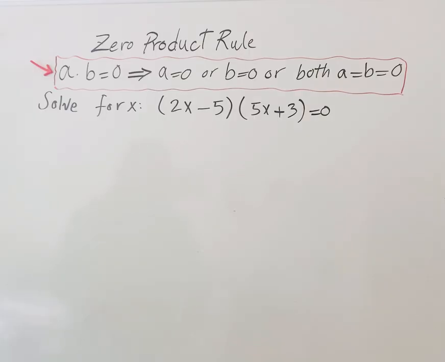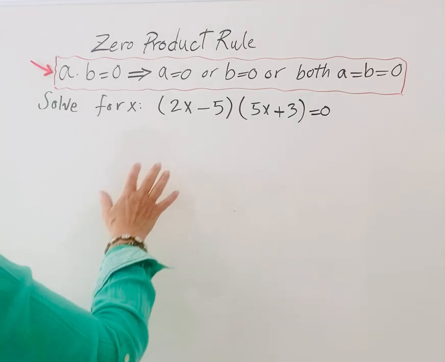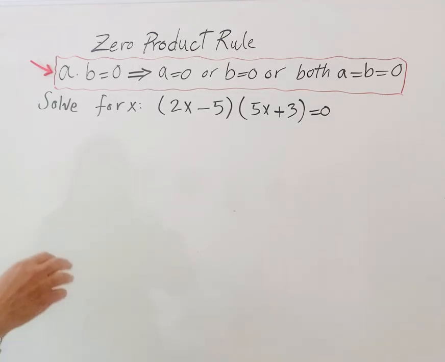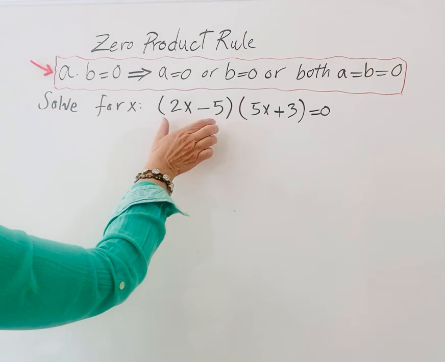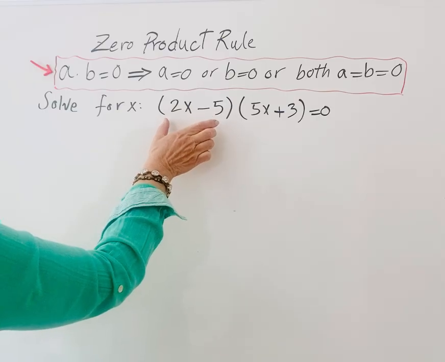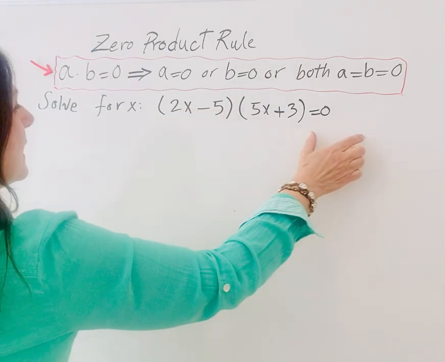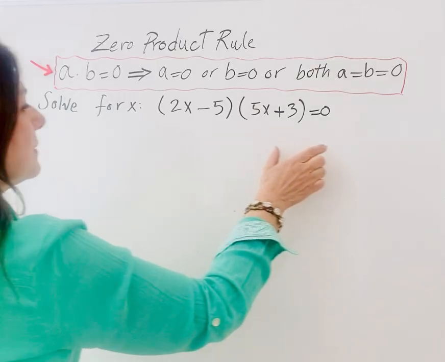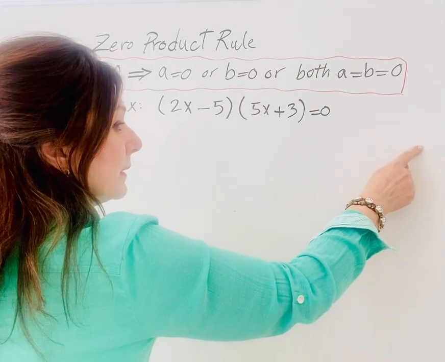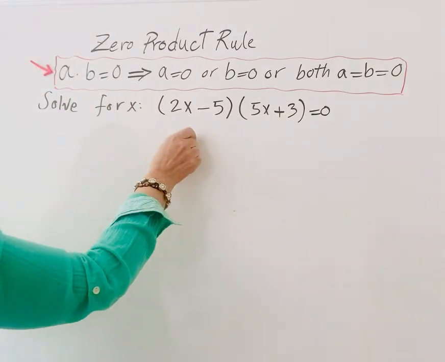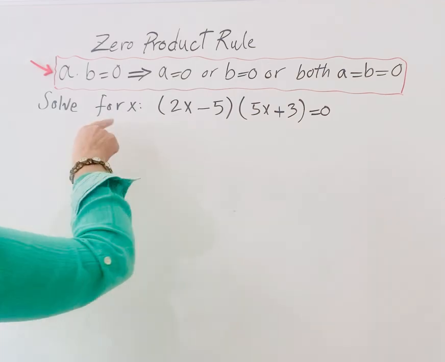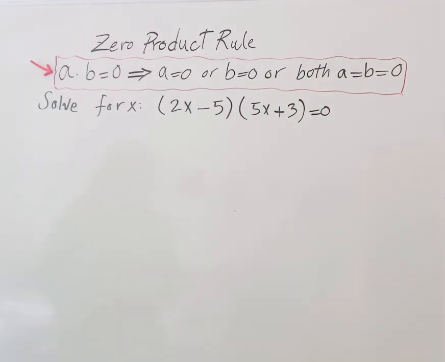Okay, this is very useful. It seems very obvious, but it is useful because if we have any polynomial or expression that includes many factors, written as factors equal to zero, we can say any factor can be zero and solve for the unknown or variable.